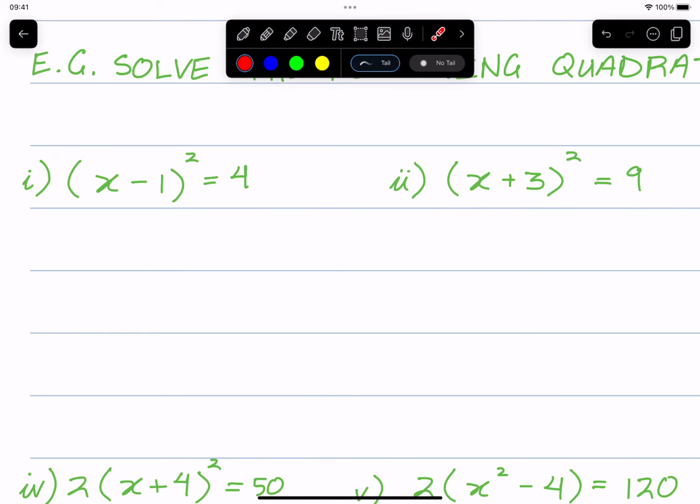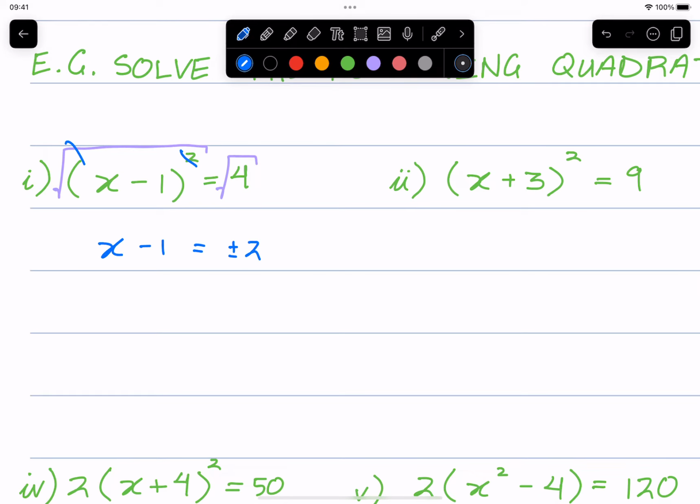So we can take the square root of both sides immediately because there's nothing else beside this. The square and the square root on the left hand side cancel. This leaves us with x minus 1 equals, and the square root of 4 is plus minus 2.